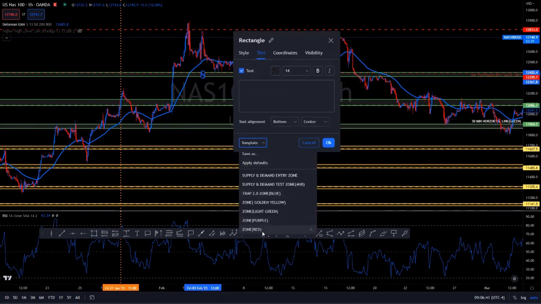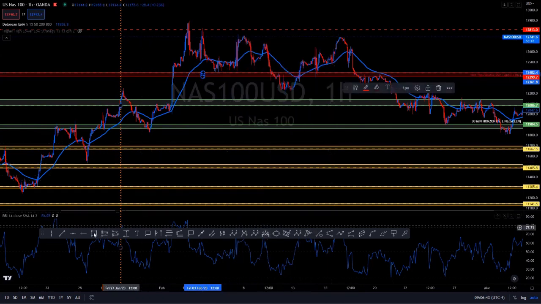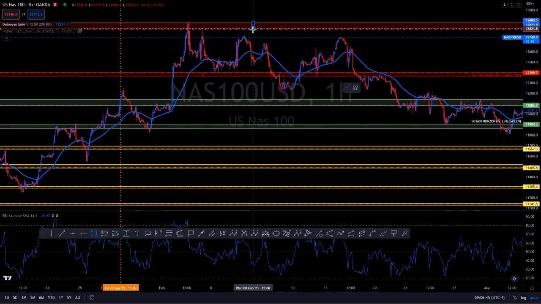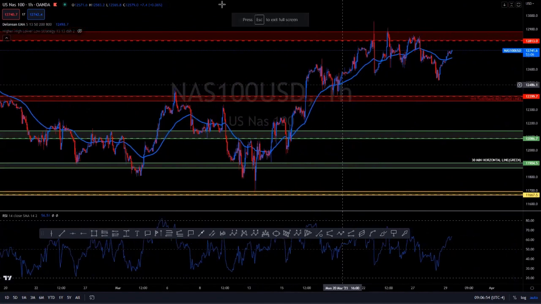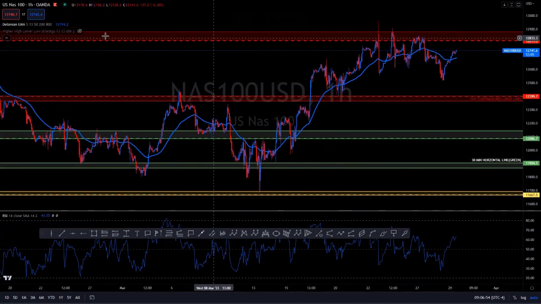And make this red. And that's the price, and switch over to the market. Those are where current price is at.